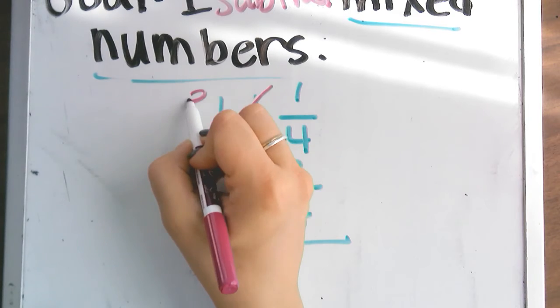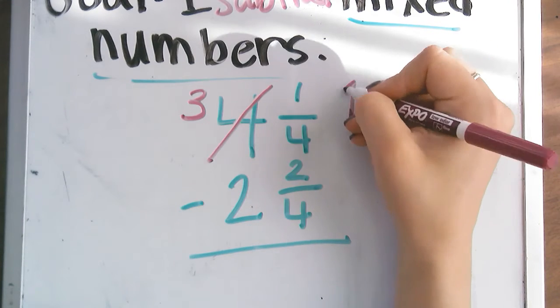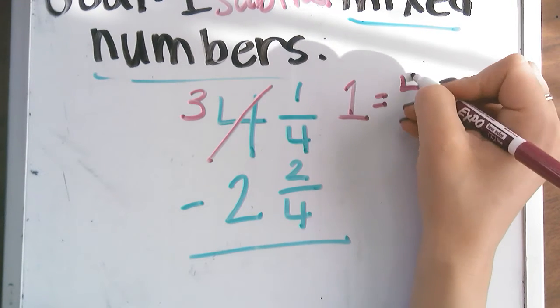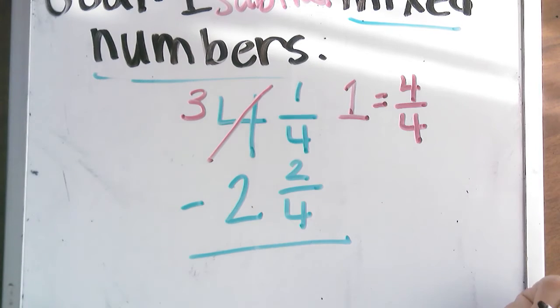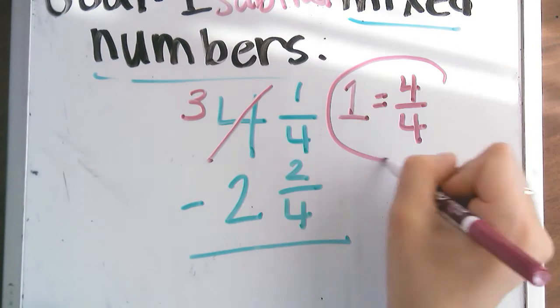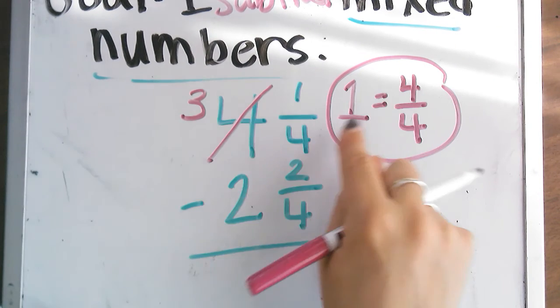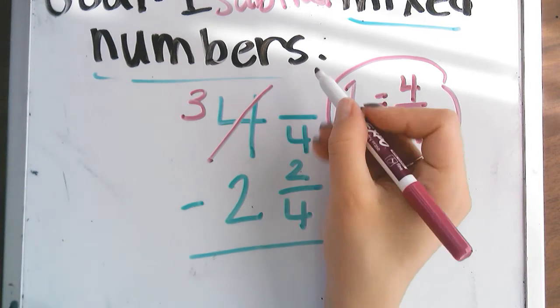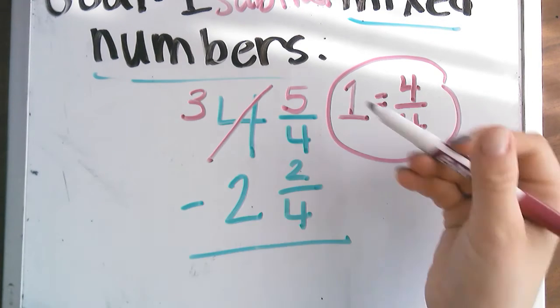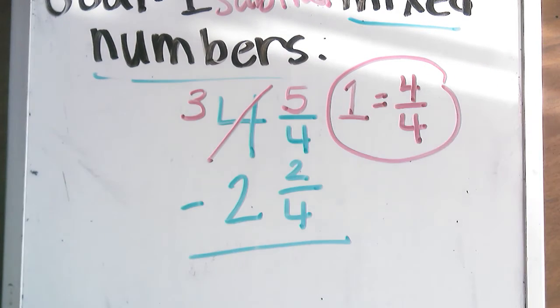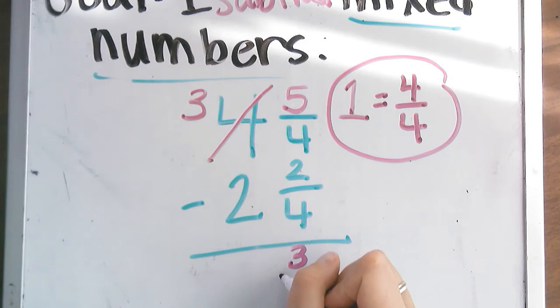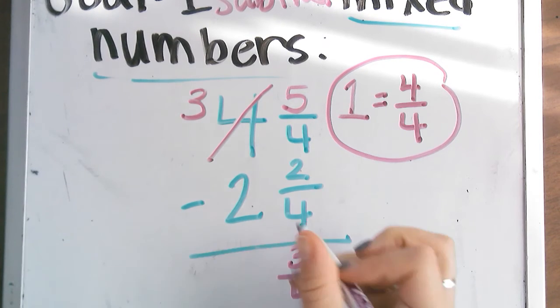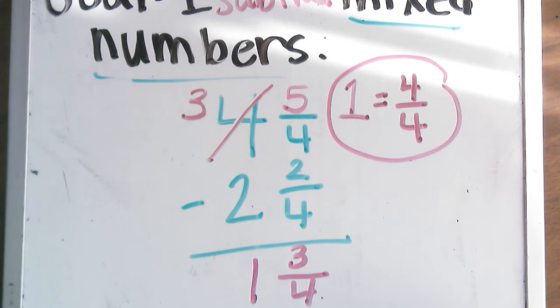So we're going to change this into a 3, and then 1 whole in fourths equals 4/4. So I need to add my 1 whole that I just regrouped from here onto this. So this would turn into 5/4. Now I have 5/4 minus 2/4, and that's going to be 3/4. And then I have 3 minus 2, which is 1.